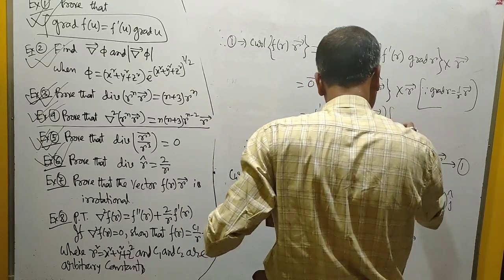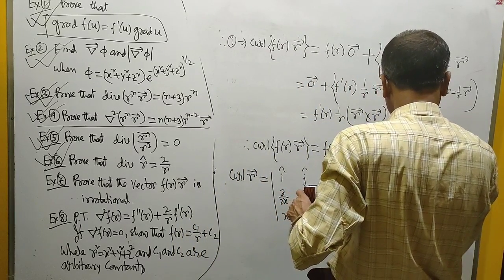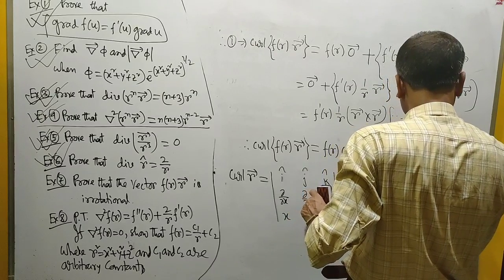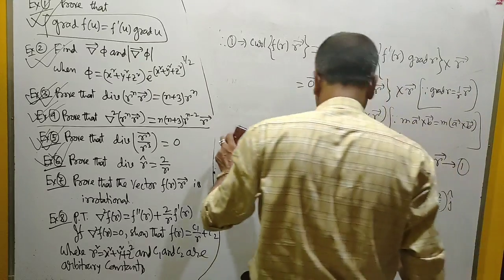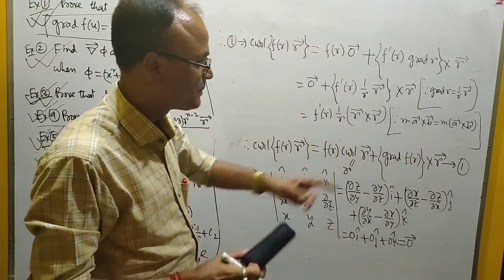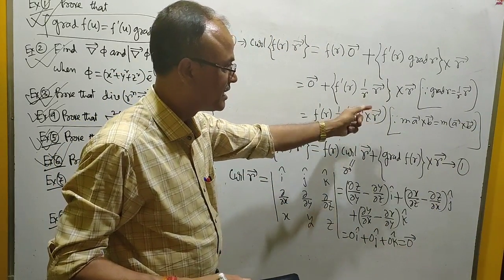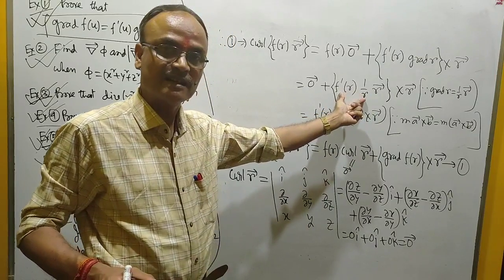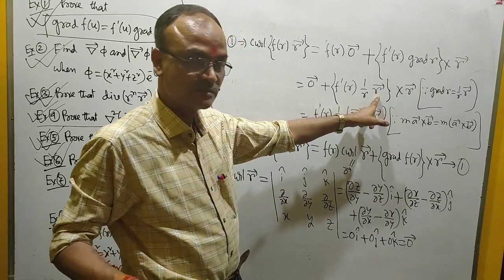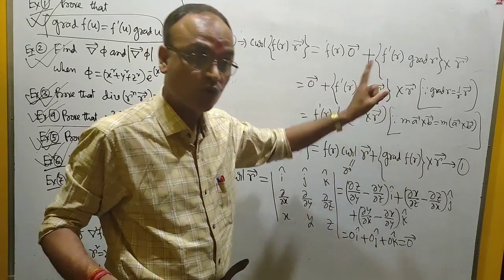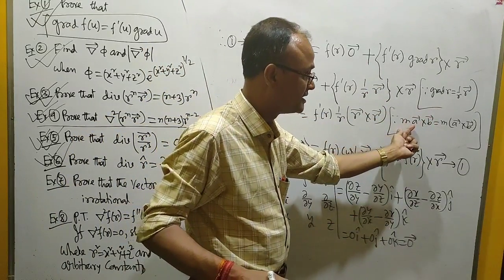You may write like this, since m a cross b equal to m times (a cross b), from vector algebra we have applied this one. Here m means a scalar, a vector, m a vector cross b vector. This is equal to m.